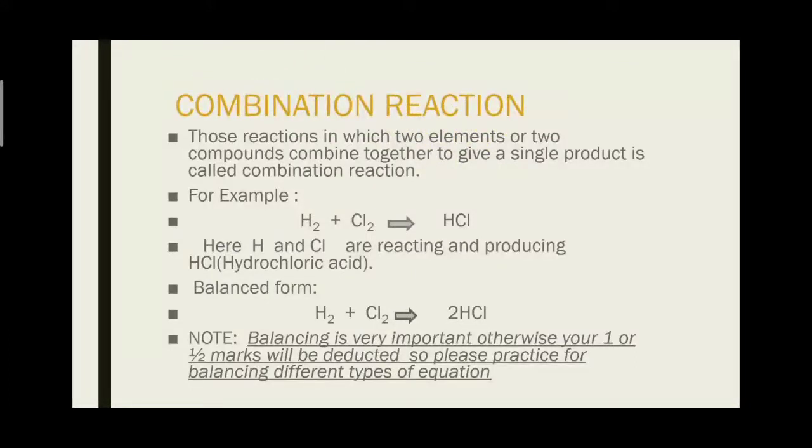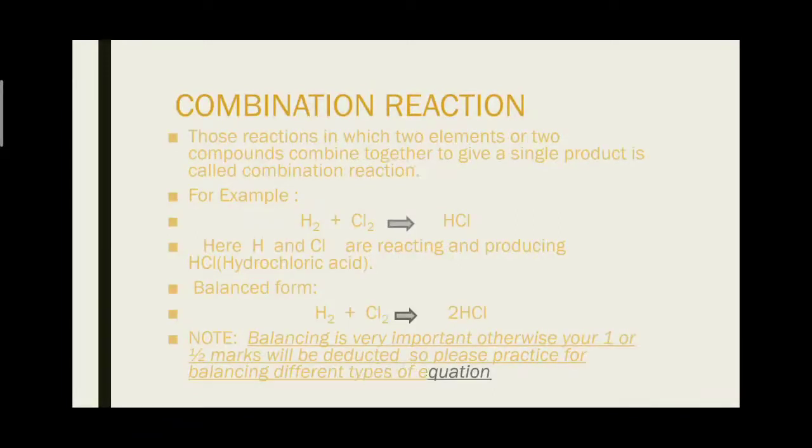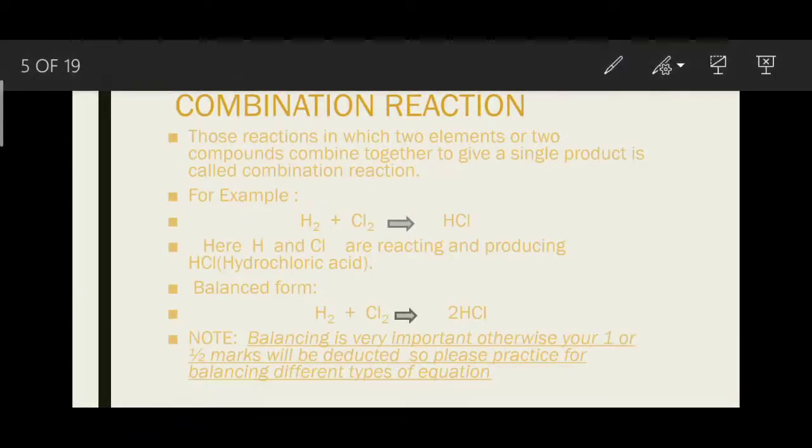So next is combination reaction, our first type of chemical reaction. Those reactions in which two elements or two compounds combine together to give a single product are called combination reactions. I would like to write the simple formula of combination reactions.